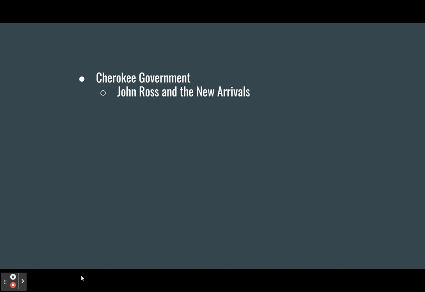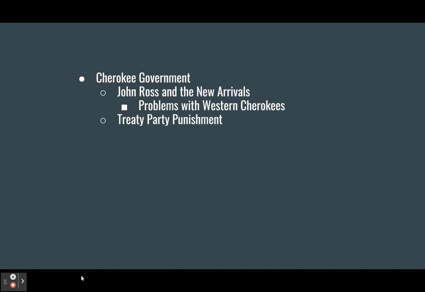Here's the other kicker that people aren't ready for, right? So the Western Cherokee have a problem with John Ross because John Ross is showing up and is demanding a new constitution, and he's making these assumptions that he's going to be treated as a leader and respected as one as well. But there's also punishment for the guys who signed the treaty in the first place.